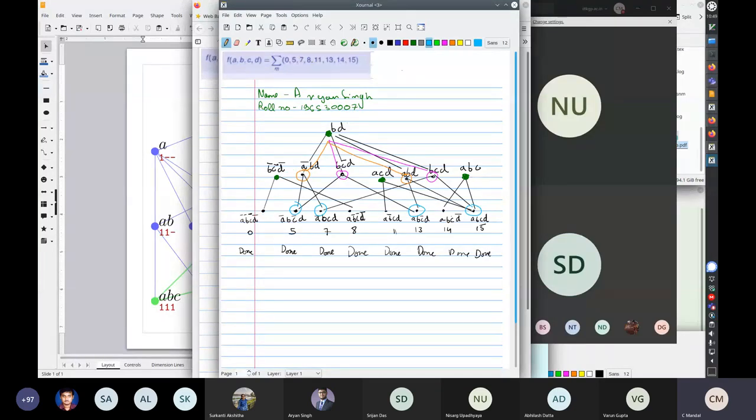So for example, this one and this one is covered here, and maybe I can get another color. This and this are covered here.